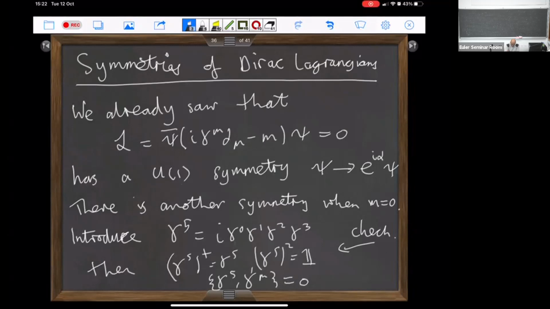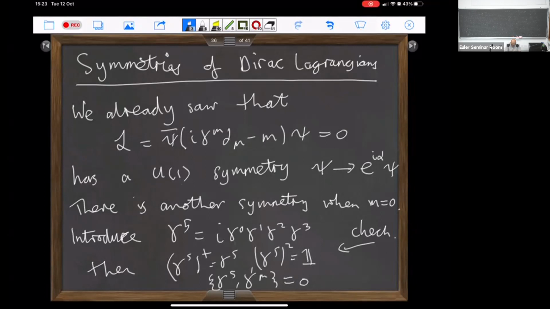Now, what I want to convince you of is that there's another symmetry when m is equal to 0. And that's precisely because in that limit, we've already seen that the left and right handed components of the Dirac field decouple from each other.